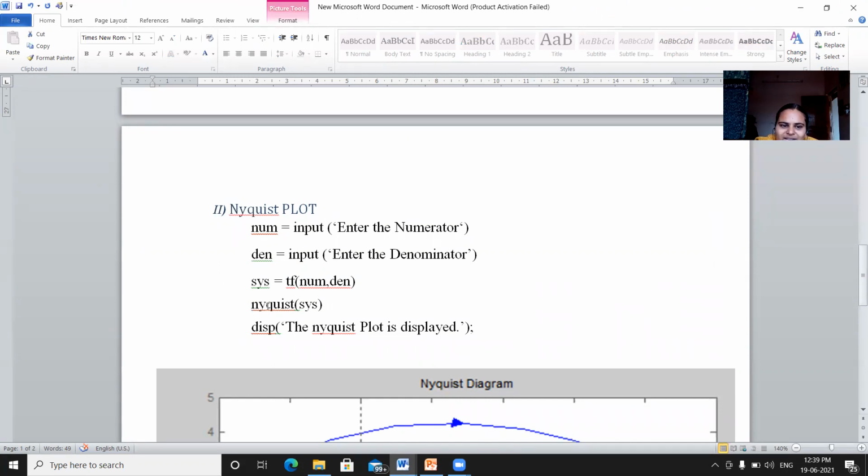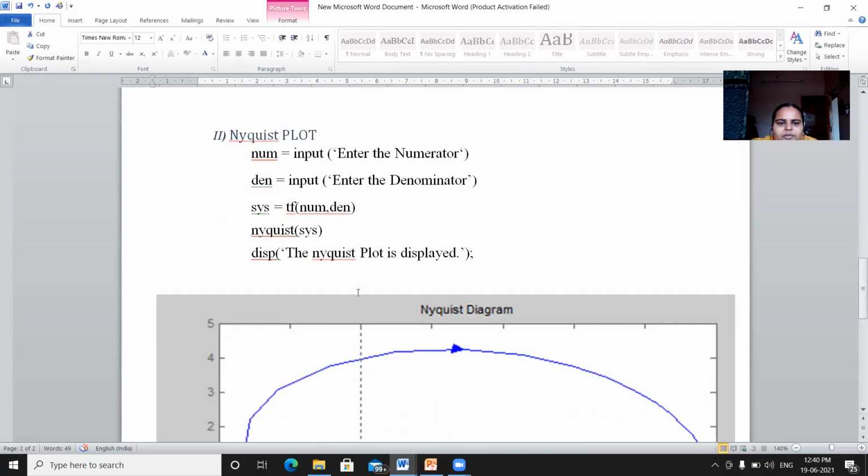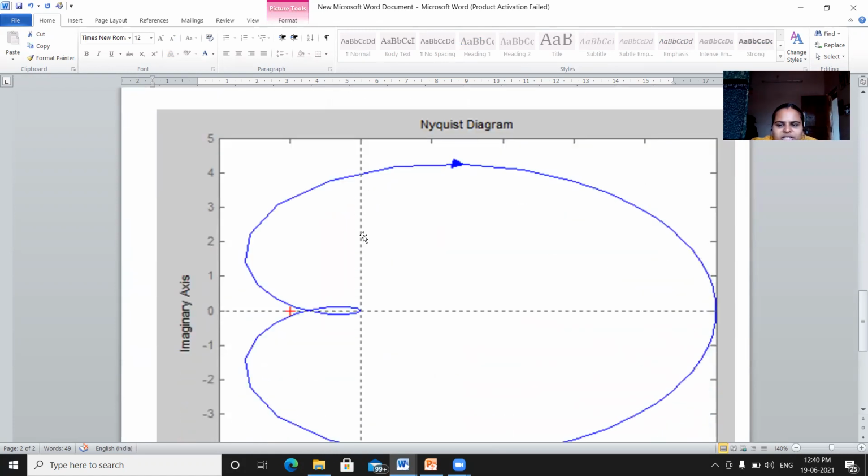The spelling should be correct so that you get the Nyquist plot. Of that transfer function SYS, then display the Nyquist plot. You can give it any name you want, Nyquist plot, or only Nyquist. It depends on you. After executing this, you'll get a Nyquist diagram like this.